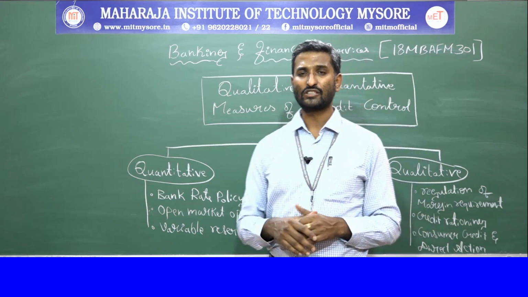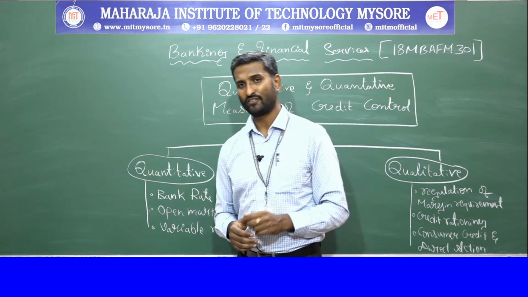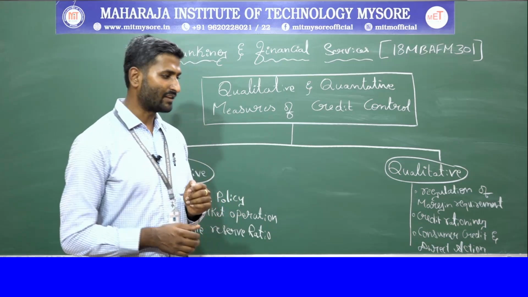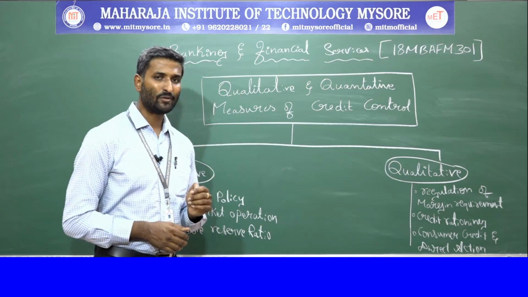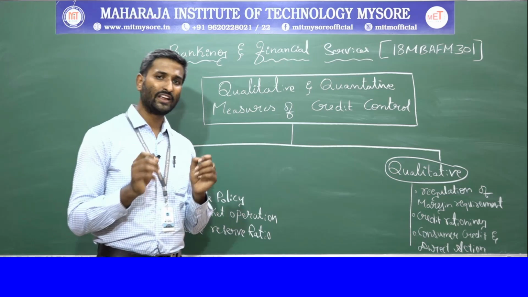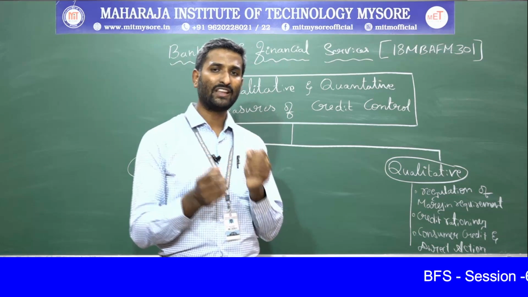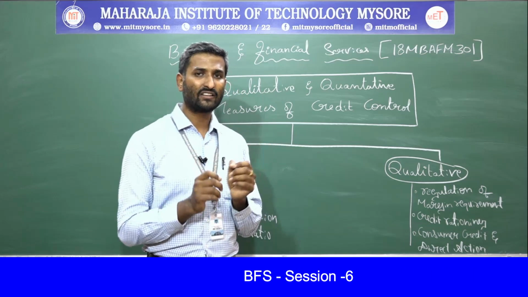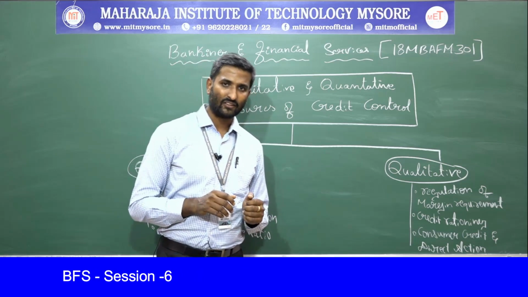Then the variable reserve ratio, where we mainly concentrate on two types of reserve: the cash reserve ratio and the statutory liquidity ratio. The cash reserve ratio, as the name indicates, means the bank needs to keep 3% of the deposits it collects, and that 3% must be kept with the RBI.